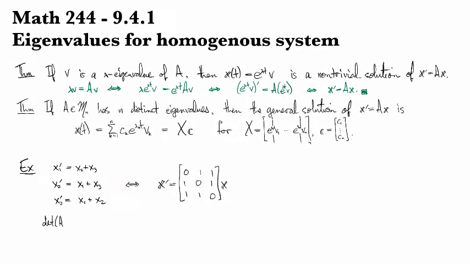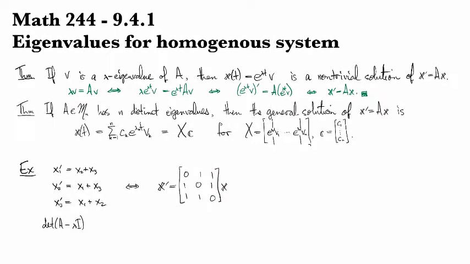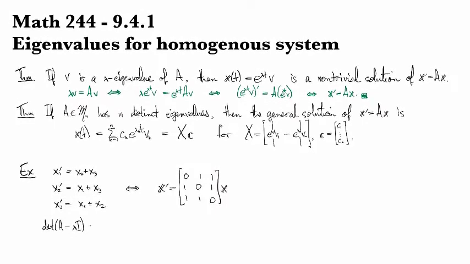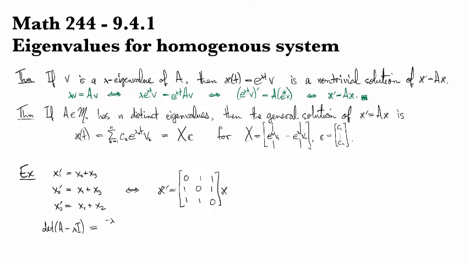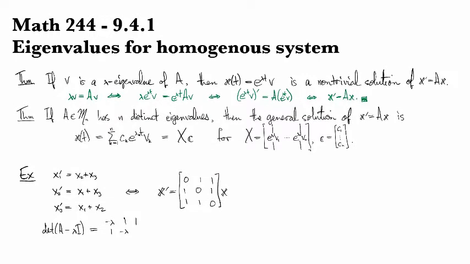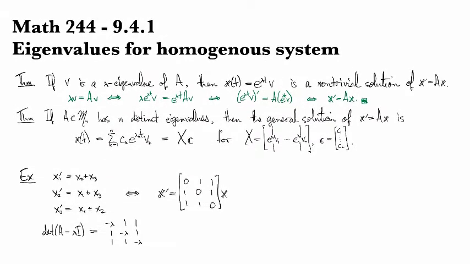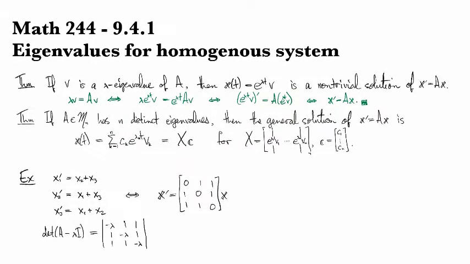So if I look for the determinant of A minus lambda I, I'll have minus lambda, 1, 1, 1, minus lambda, 1, 1, 1, minus lambda as my matrix.